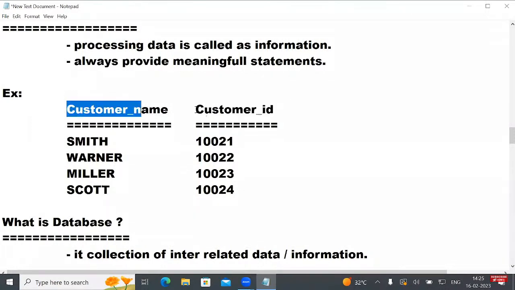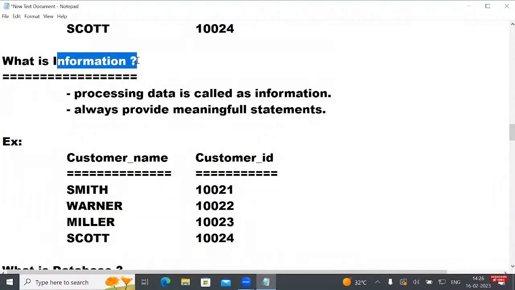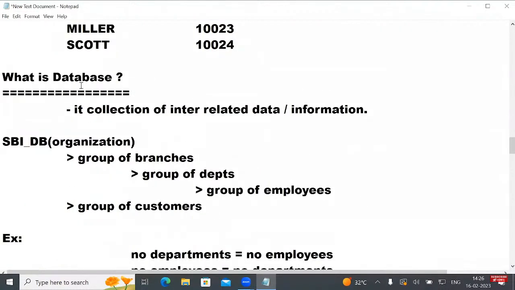Now the user can understand what they are, so it is information. That is the slight difference between data and information.